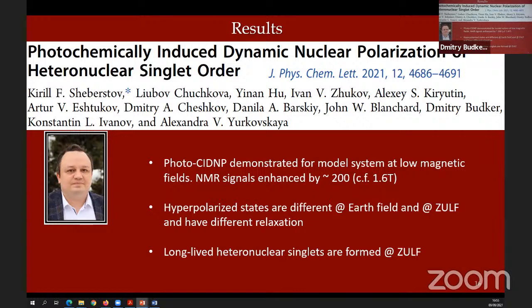If you go to zero field, that's fine. You can. I showed you in the beginning that we actually work with a singlet and triplet state formed out of hydrogen and carbon. And so this work shows that if you form the singlet state, it is stable towards various perturbations and can live a long time. That's long-lived heteronuclear singlets. That's a very interesting thing.